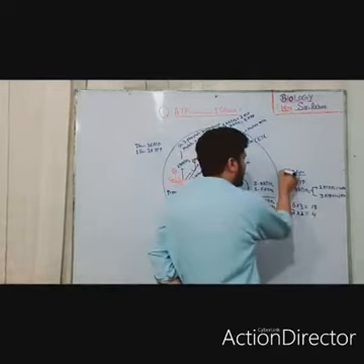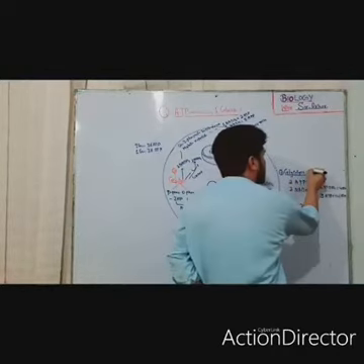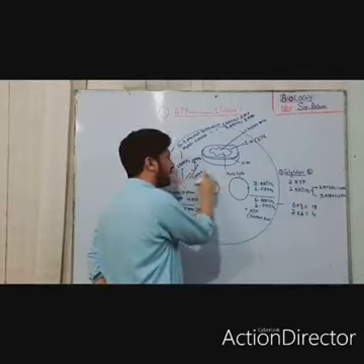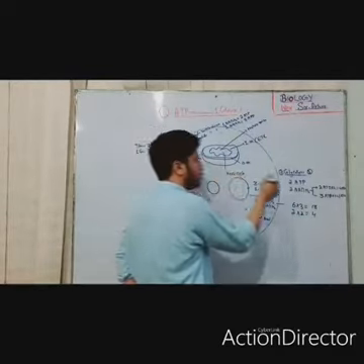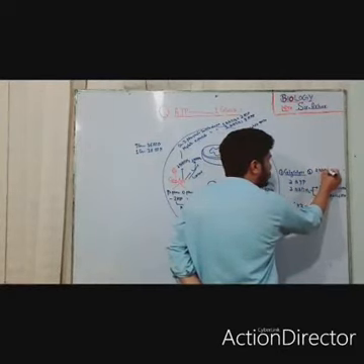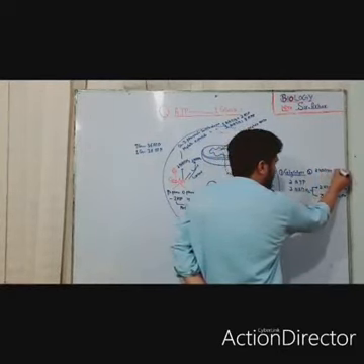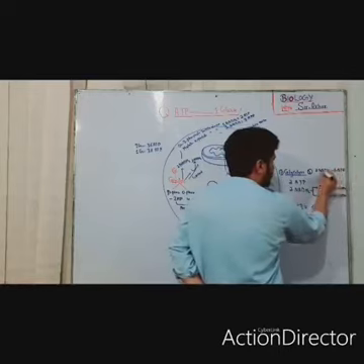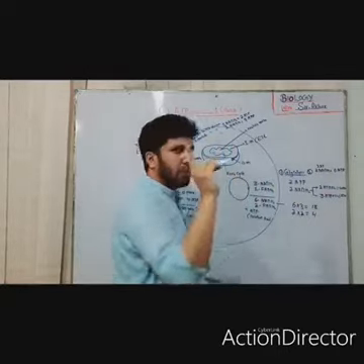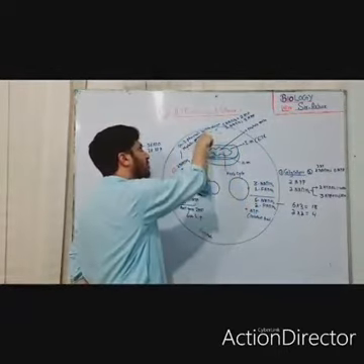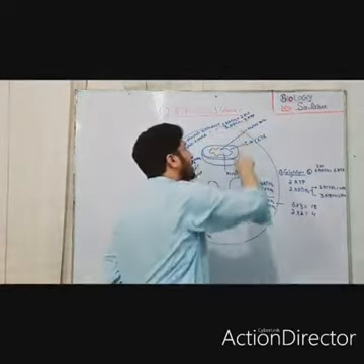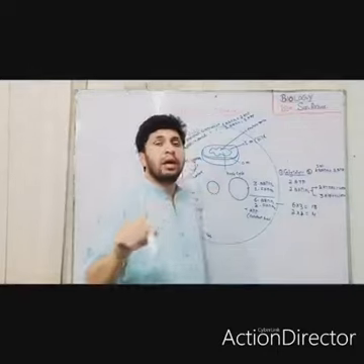This is for example 1, question number 1. Here we have also missed another reaction, the linked reaction, in which 2 NADH2 molecules are produced. So 2 NADH2 will produce 6 ATP, 2 multiplied by 3. Remember that from the glycerol 3-phosphate shuttle, NADH2 produces 2 ATP.